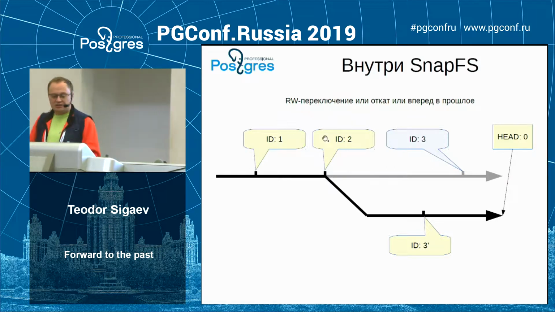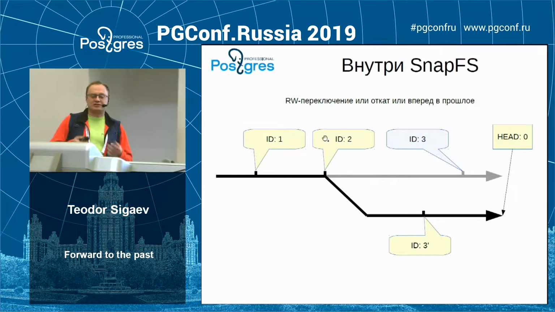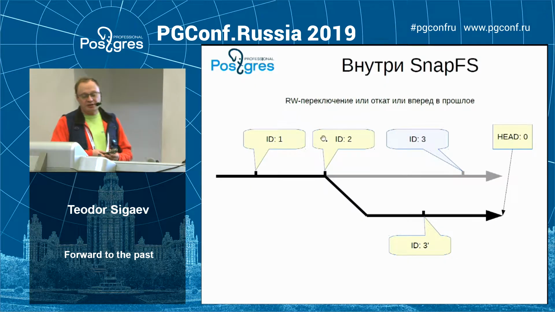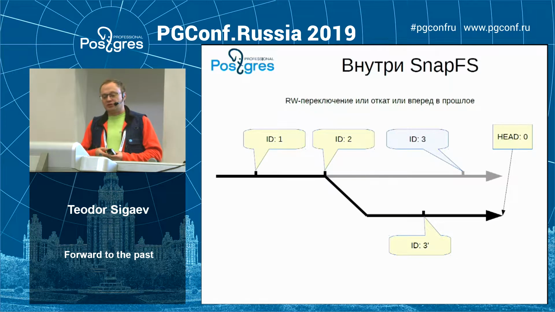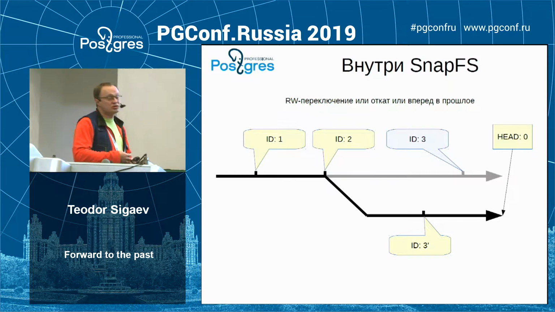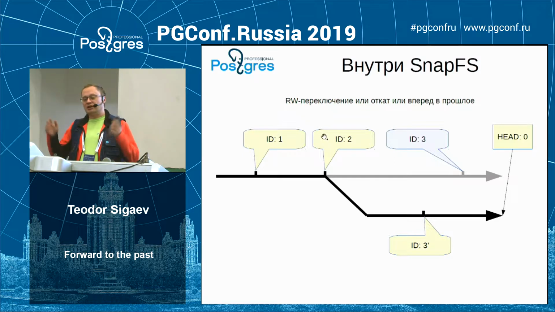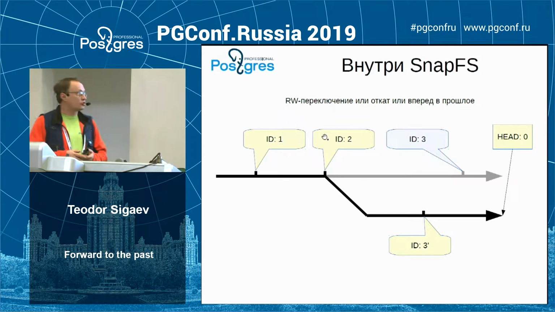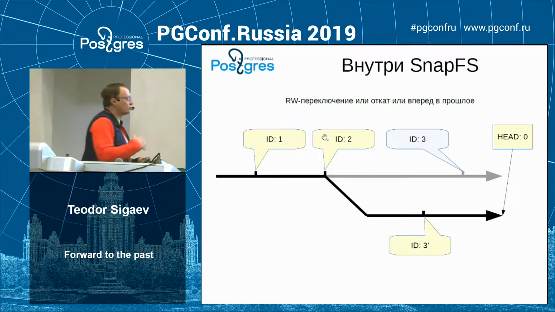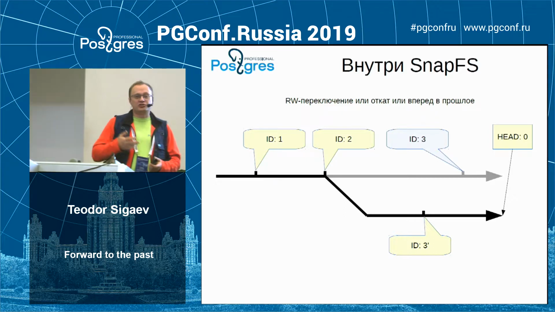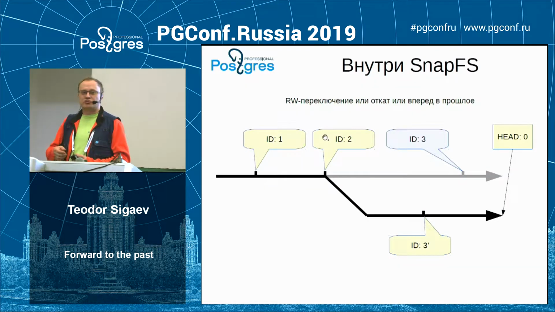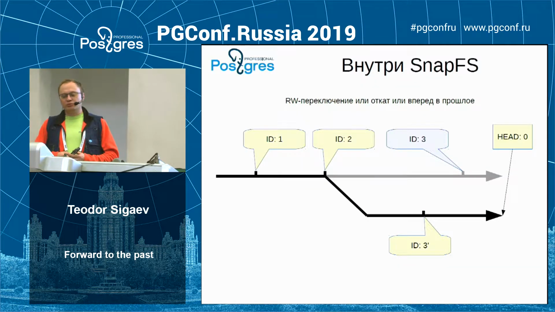If we would like to go back to read-write state, we take ID 2 and switch to ID 3, and you can see this gray arrow, it just disappears from our history, and the snapshot will disappear and the head will swap, and it will be ID 3 with a quotation mark.